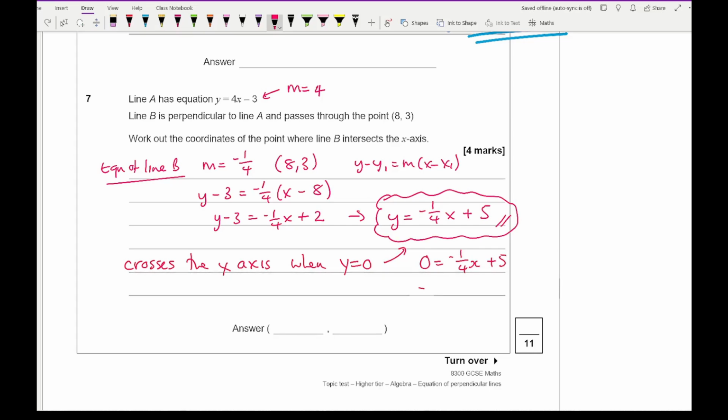Take the 5 over, so minus 5 equals minus a quarter x. Now another way of writing that is minus 5 equals x over minus 4. If I take the minus 4 over, minus 4 times minus 5 becomes positive 20. So my coordinate then is 20, 0.